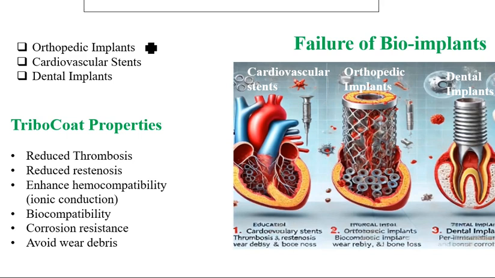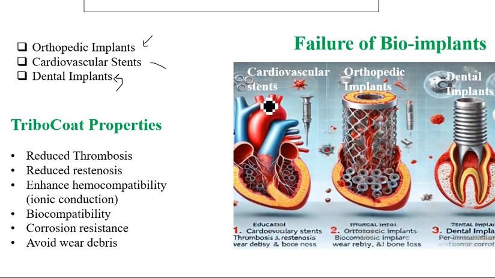The most common of them are orthopedic implants, cardiovascular implants, or dental implants. These are the three areas where implants are used most. When implants are applied to these three areas, they suffer a certain sort of degradation. They fail at certain instances.